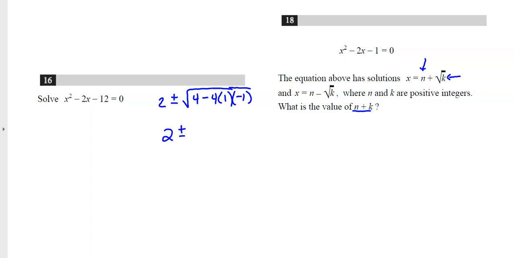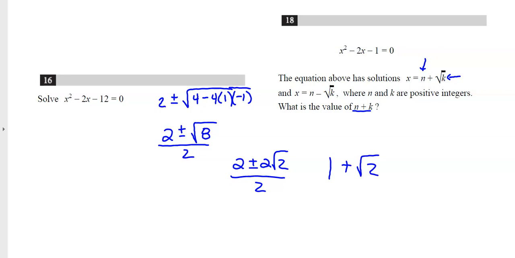So 2 plus or minus the square root of, that's 4 plus 4 is 8, all over 2. We just simplified radical 8, so I'm going to cheat and use that from the last problem. This ends up being 1 plus radical 2. So it looks like my n is 1, my k is 2, so n plus k, 1 plus 2, final answer to this problem is 3.